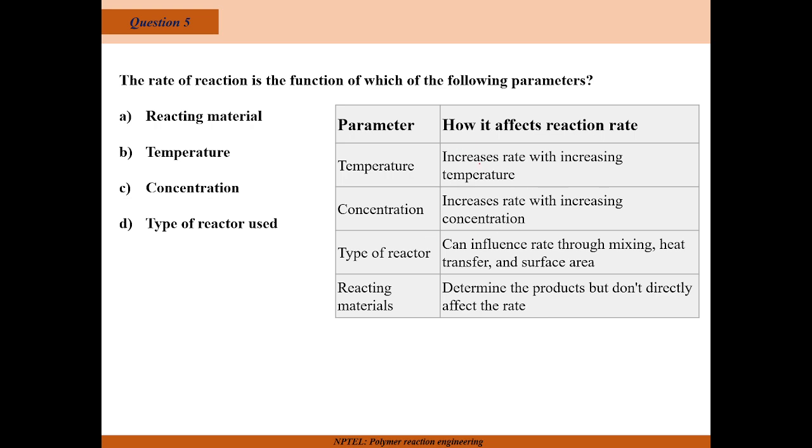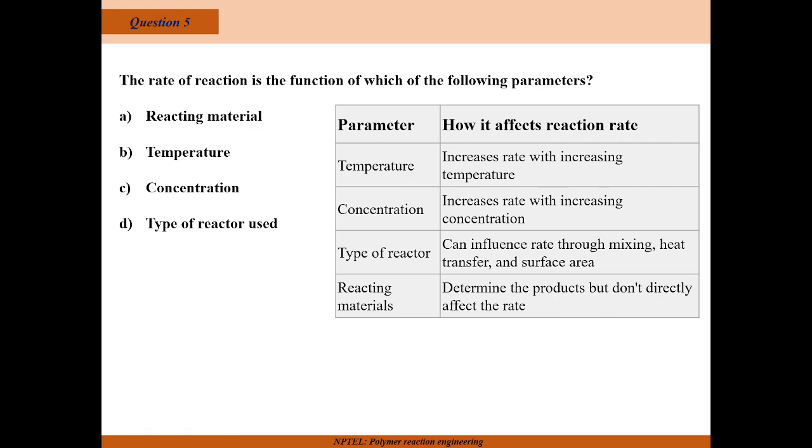As temperature increases, the rate of the reaction also increases to an extent, but everything has its own limit over which it will degrade the entire reaction. Then it is the concentration. Concentration also has this problem. If the concentration of the reactants increases beyond a point, that will lead to high density of the reactants within the chemical mixture, and that will also slow down the reaction. So everything has this limit, and beyond it, it is not feasible.